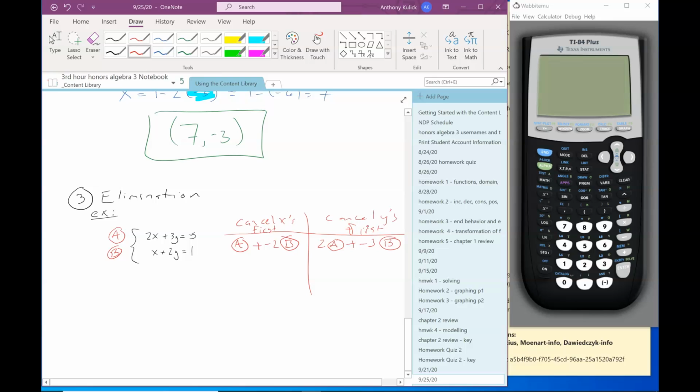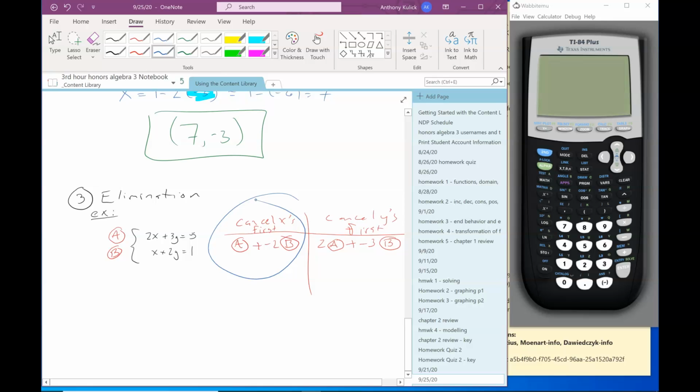Does it matter which one of those two I try to do as my first step? No, it does not. Now, if you had your choice, which one of those two would you do? I would do the x's because there's less multiplication that I have to do and less chance of me goofing something up, right? But it doesn't matter. They're both going to work the same way. But let's choose to do this one.